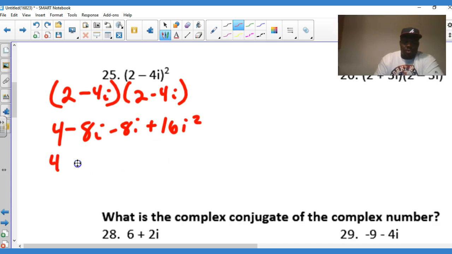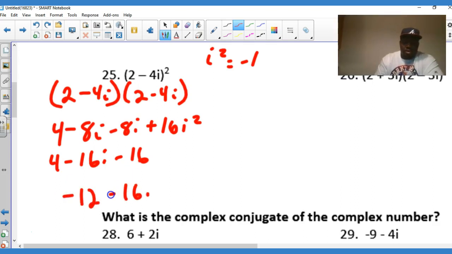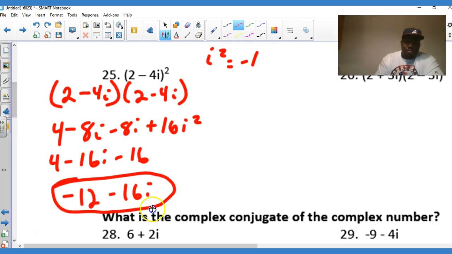Now, combine like terms: negative 8i minus 8i is negative 16i, and i squared is negative 1, so negative 1 times positive 16 is negative 16. Combining the constants, 4 minus 16 is negative 12, minus 16i. Final answer right there.